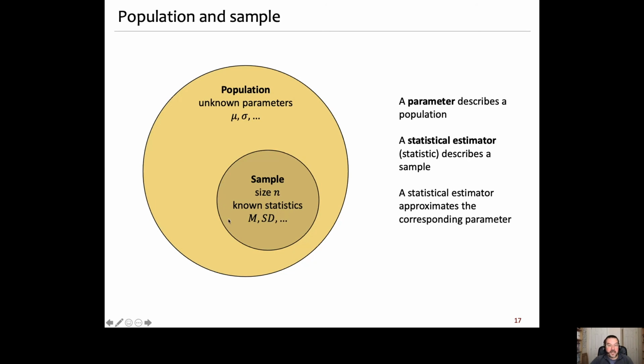The estimators, these statistical estimators, are known. This is something that you measure. The population parameters are unknown. They are ideal true values hidden somewhere in nature, and we are trying to discover them. And a statistical estimator approximates the corresponding parameter in the population.